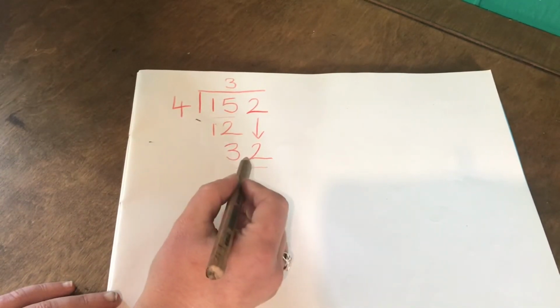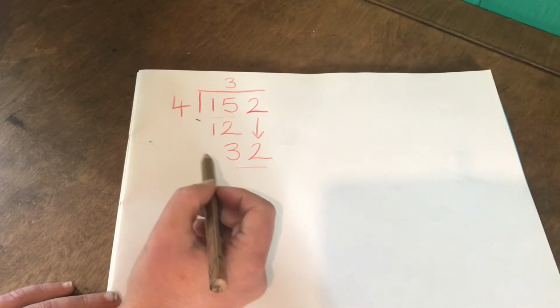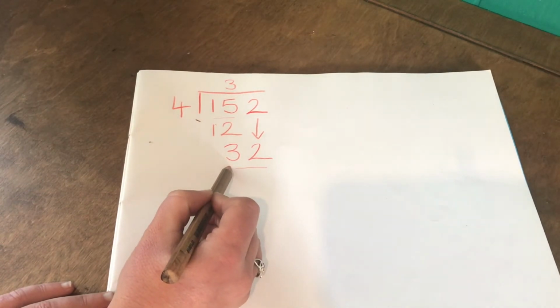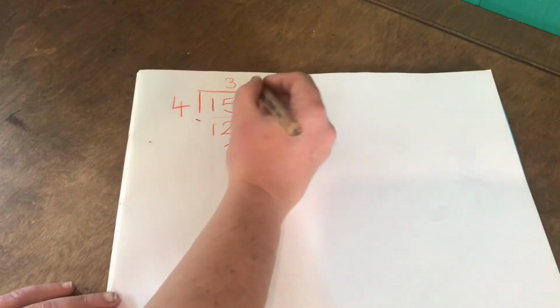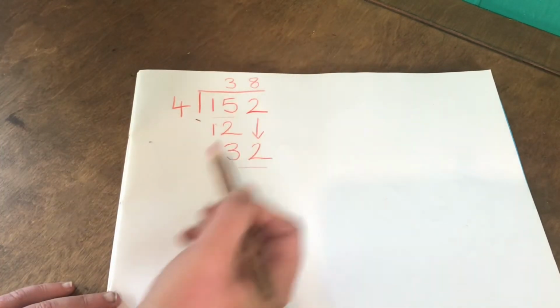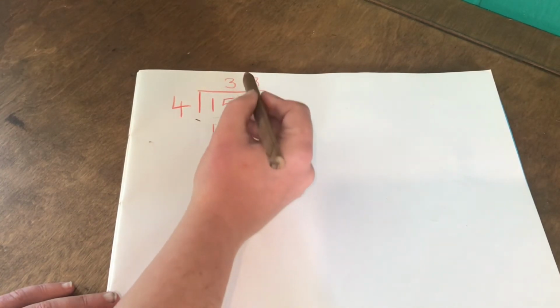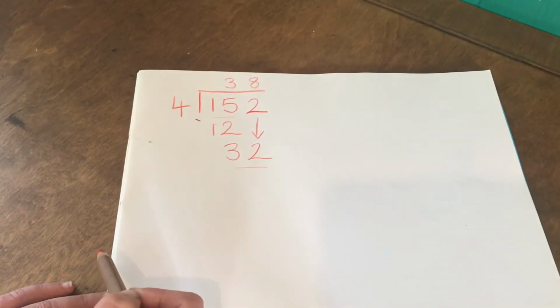So now we need to work out or count in 4s until we reach the number 32, or we look on the flowers for the petals, or we know it in our heads already. There are 8 4s in 32. So our answer, 152 divided by 4, equals 38.